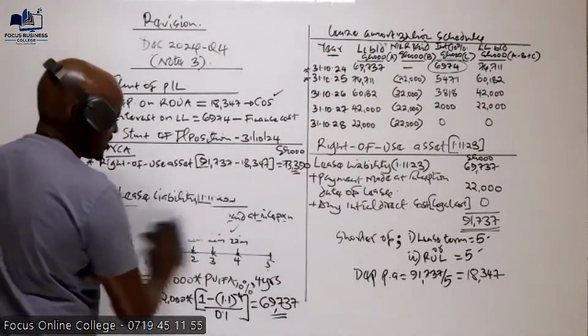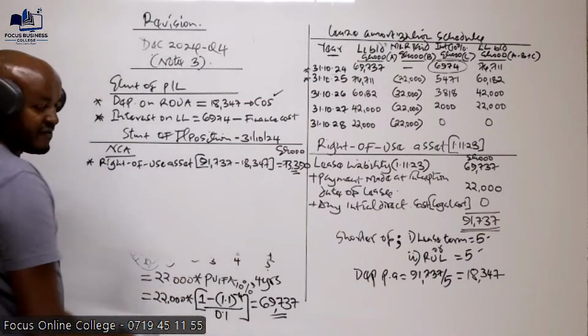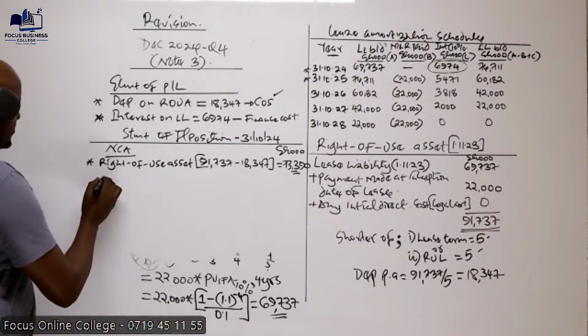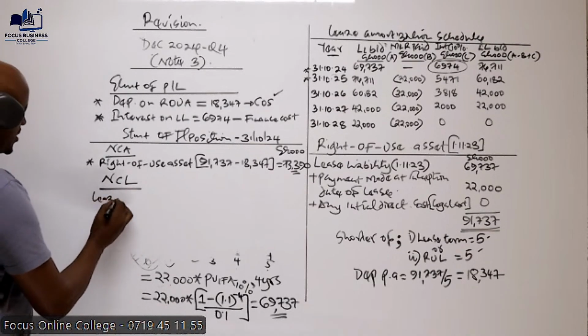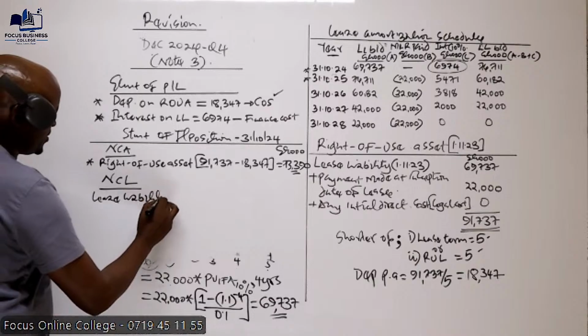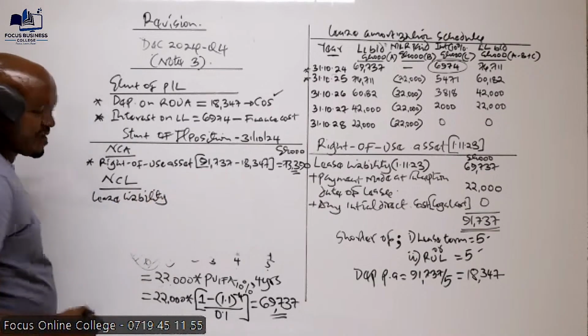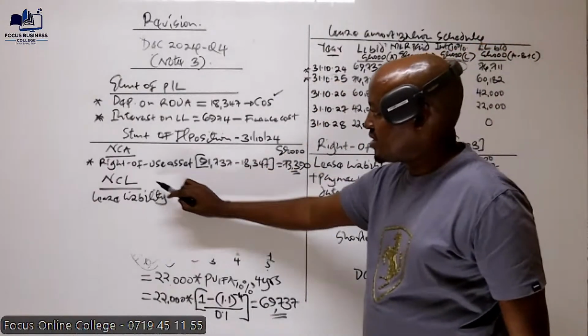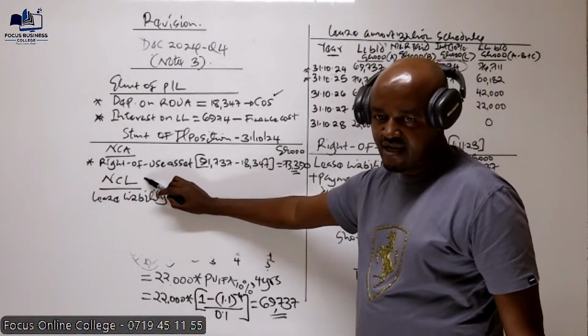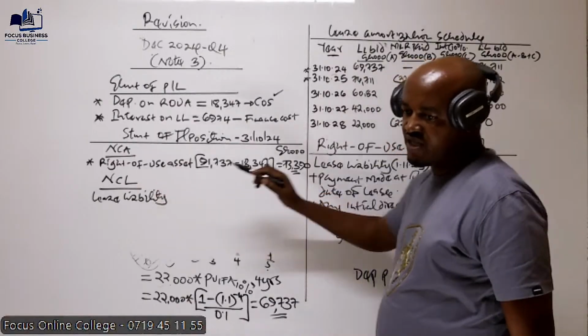Then, under the liabilities, first of all, under the non-current liabilities, the company should recognize something called the lease liability. Remember, we said in the first year here, the lease liability to be recognized under the non-current liabilities, I think I showed you how to determine that.